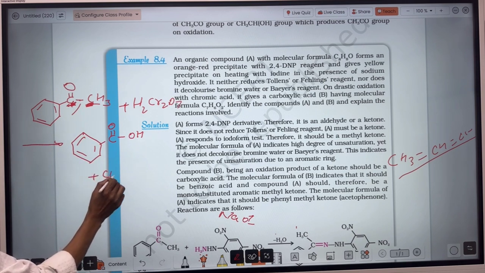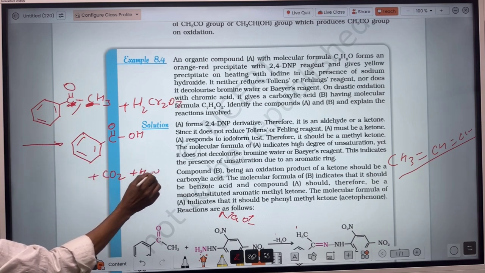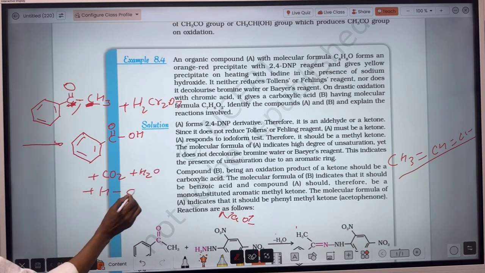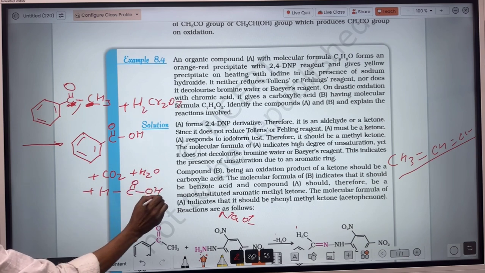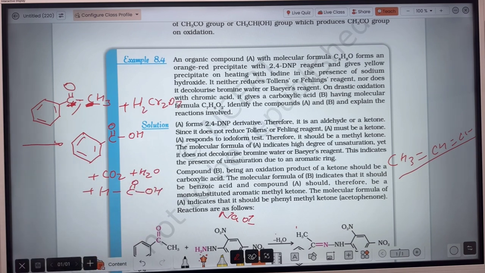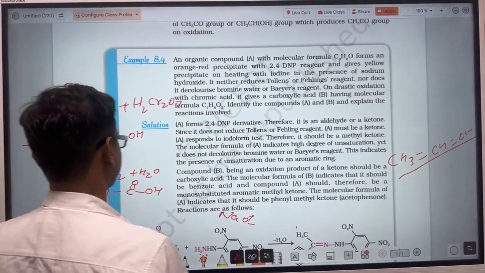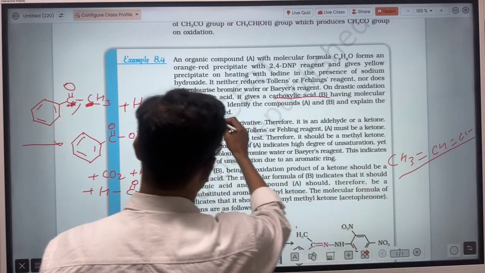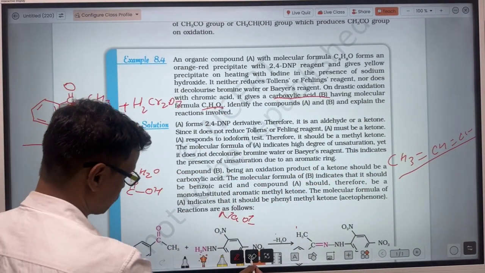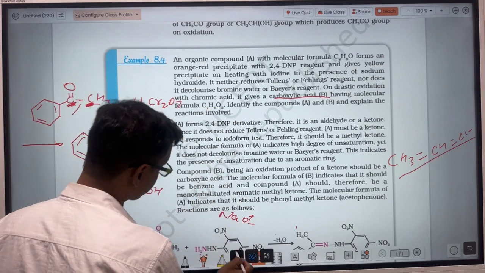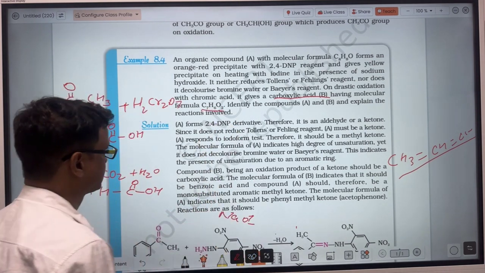And this one will either react to CO2 and H2O, or in some cases there will be formation of methanoic acid also. That is, oxidation gives a carboxylic acid. Yes, it's the carboxylic acid, and the molecular formula is C7H6O2.